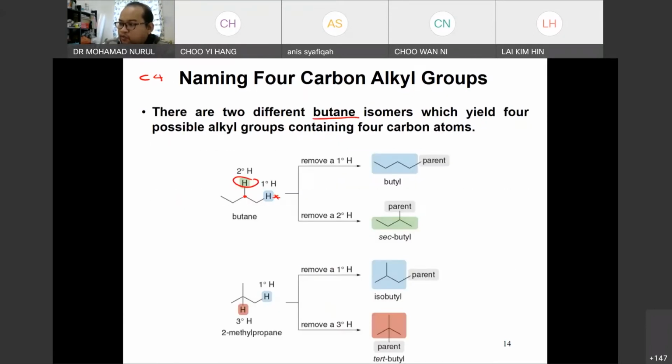And if we remove the tertiary proton in this position, this is tertiary, this is secondary, it will become tertiary butyl. This one you have to do more exercises about. You cannot memorize it easily.